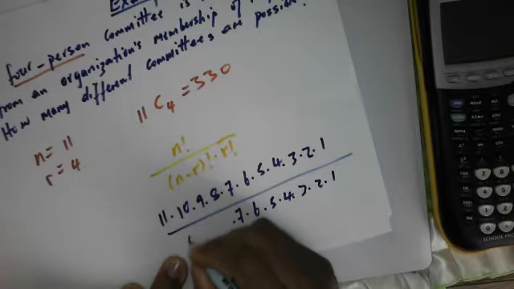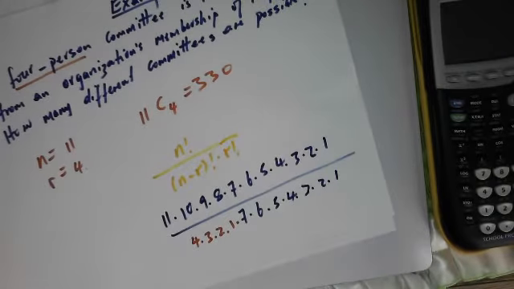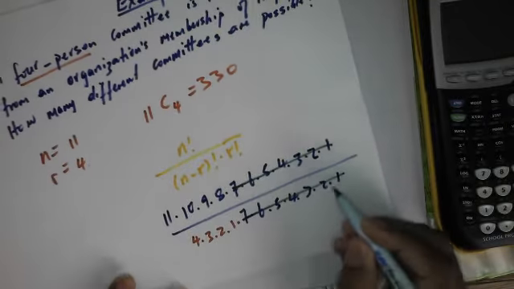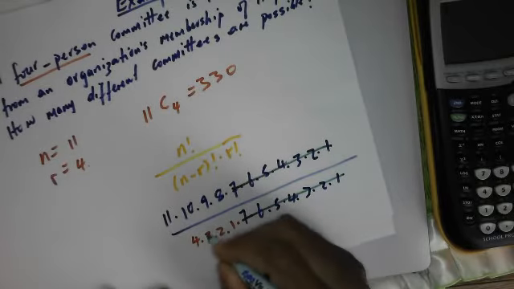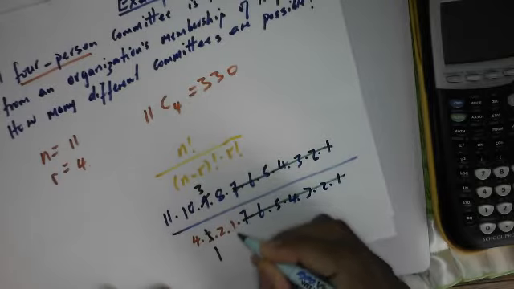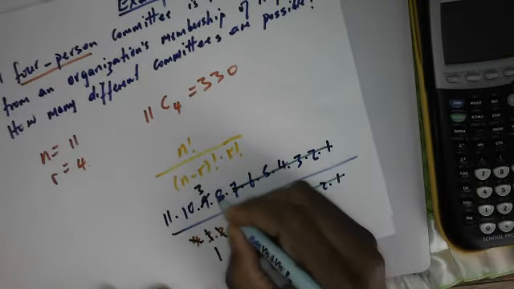So that would be what? 4 times 3 times 2 times 1. But I want you to pay attention that this part could cancel this part. This 3 into itself is 1, 3 into 9 goes 3. And this 4 times 2 will take out the 8.